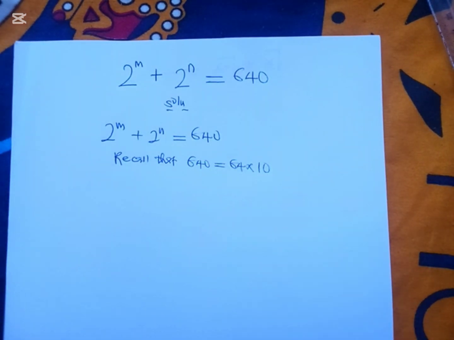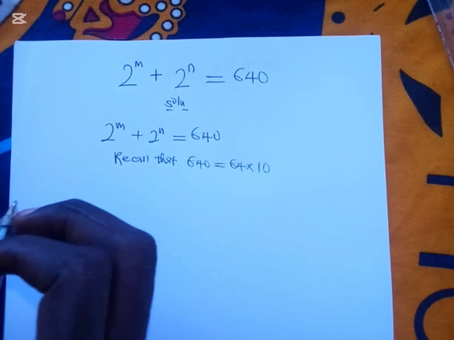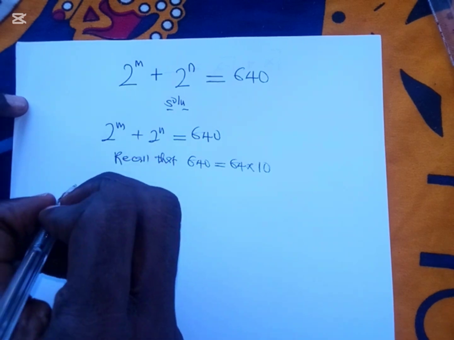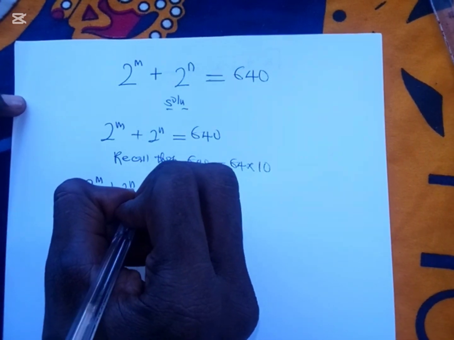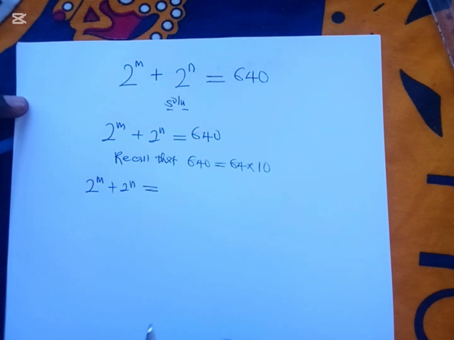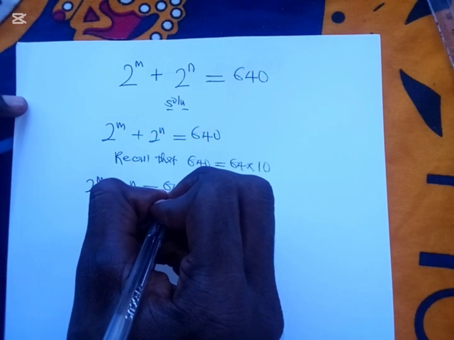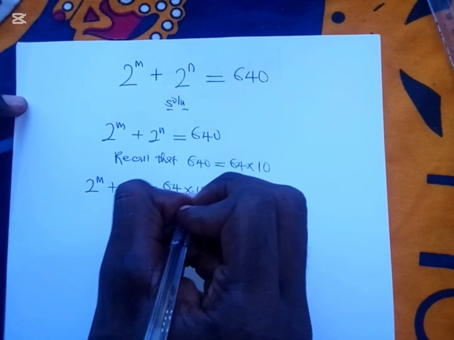Then if it can be expressed as 64 times 10, now we say 2 raised to the power m plus 2 raised to the power n, this is equals, instead of 640 we have now 64 times 10.